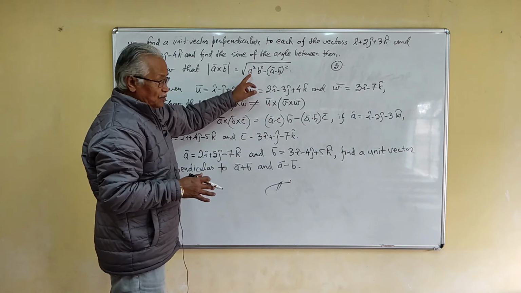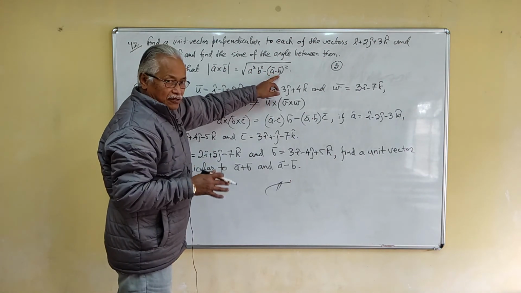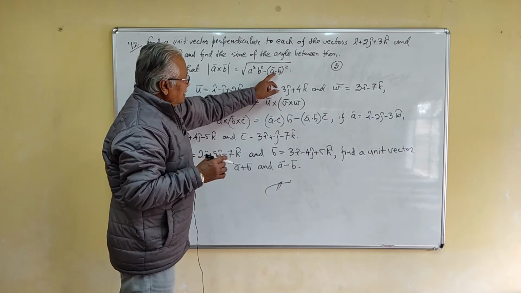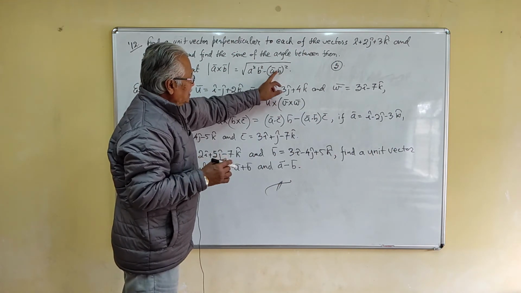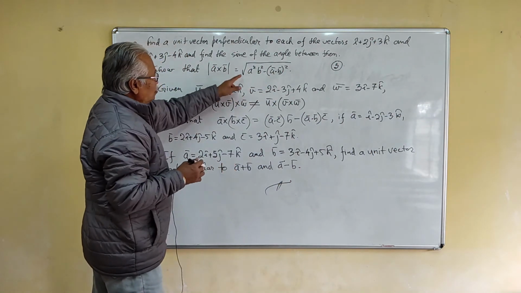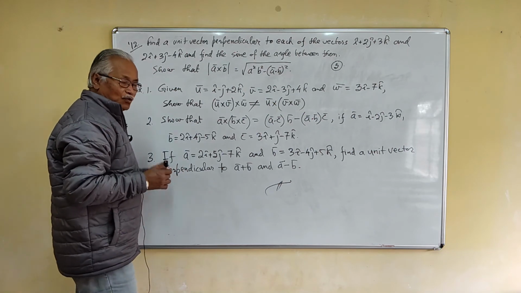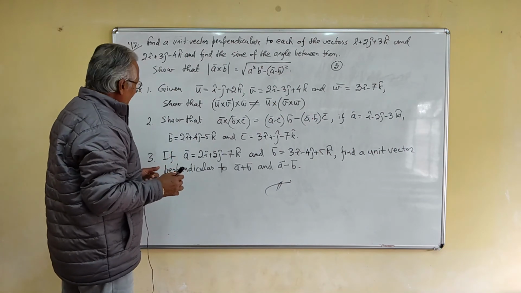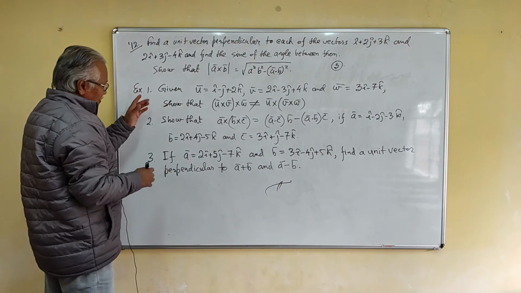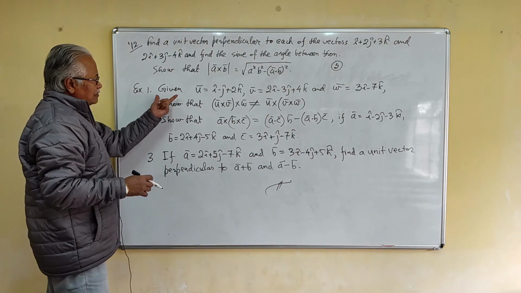These are scalars, of course, A square B square minus A dot B, that is the dot product between vector A and vector B, whole thing square. So this you got to show. Okay, this was set way back in 2012, and these are the problems that I have cooked up for you, so you can have a practice on this.